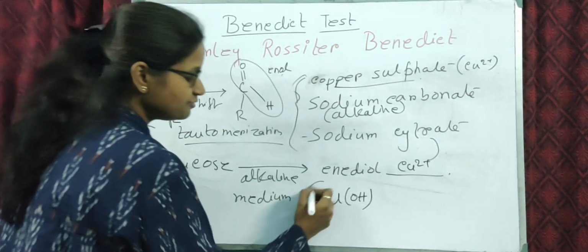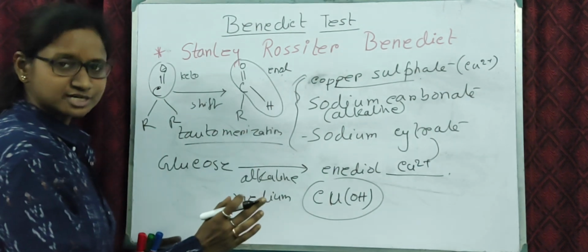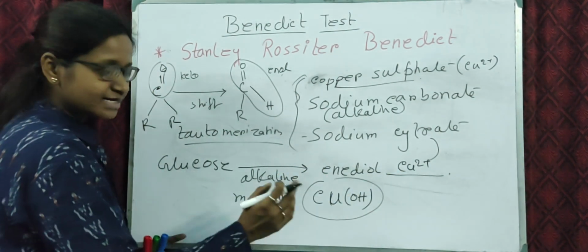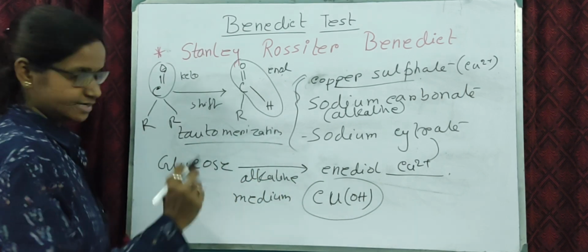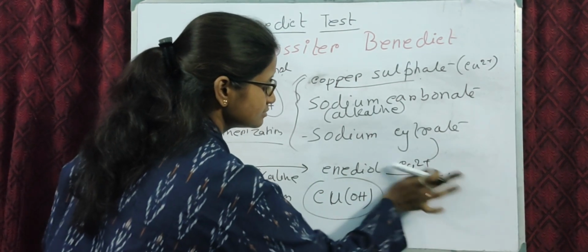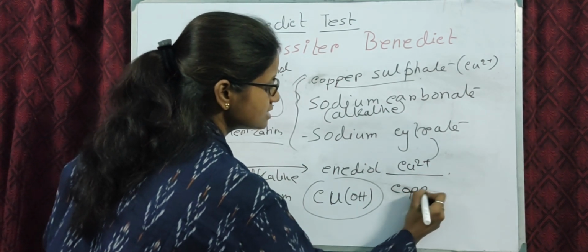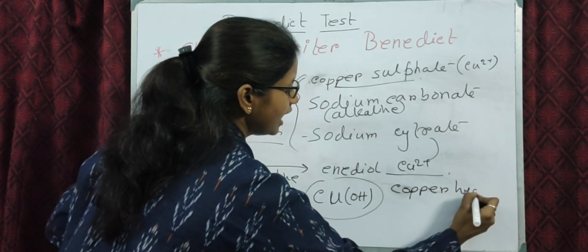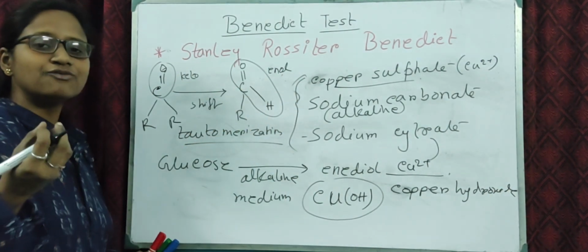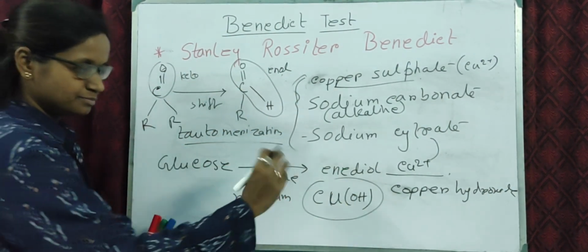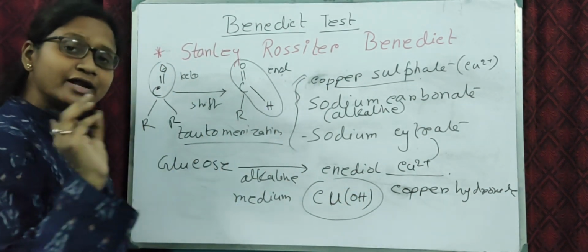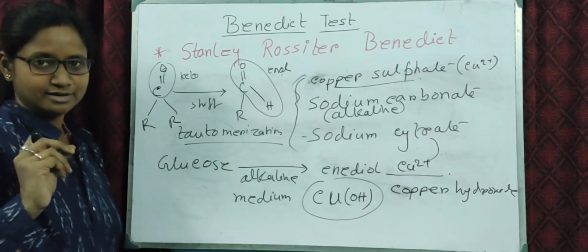The product initially formed by the reduction is copper hydroxide, which is yellow in color.